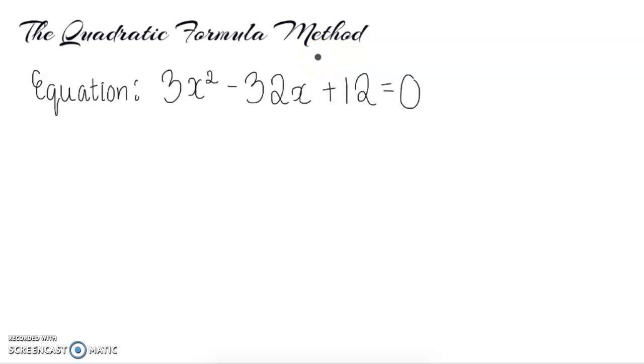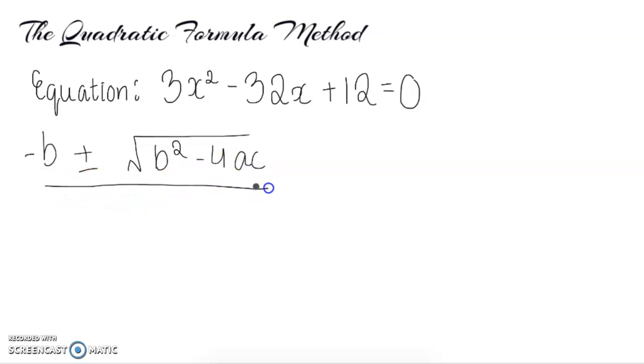Our equation that we're going to take as an example over here is 3x squared plus 32x plus 12 is equal to 0. Now, to solve this equation, we're going to apply the quadratic formula, which is minus b plus or minus root b squared minus 4 into a into c all over 2a.